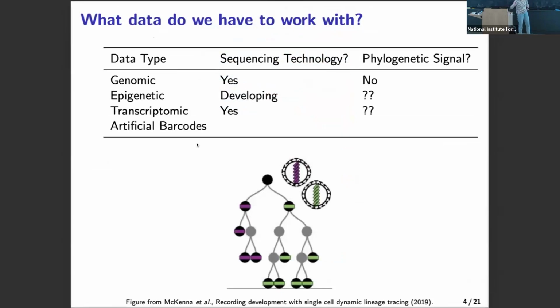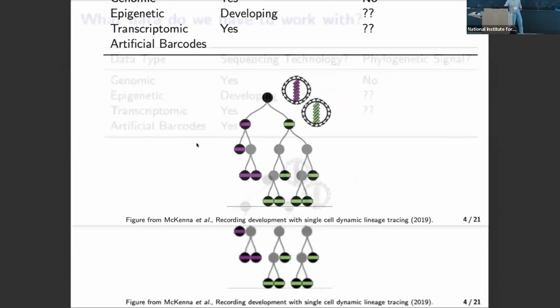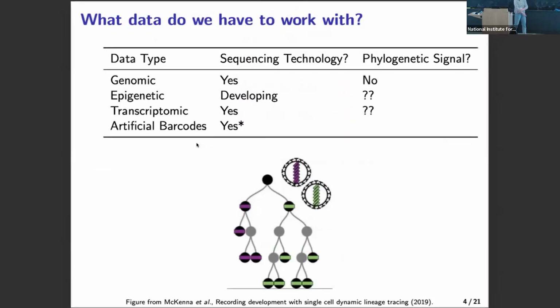I also want to introduce lineage tracing data because this is going to be our source of ground truth data that we have to compare against. So these technologies have been developed for quite some time now. So for example, here I'm showing an example of a static barcode where cells have been equipped with a marker, a fluorescent marker in this case, which allows us to resolve broad scale lineages at a later time point.